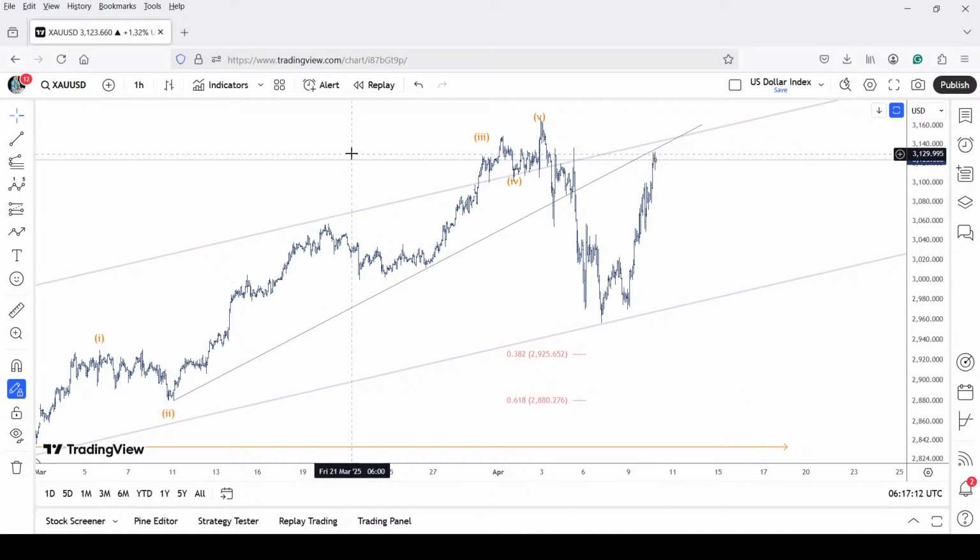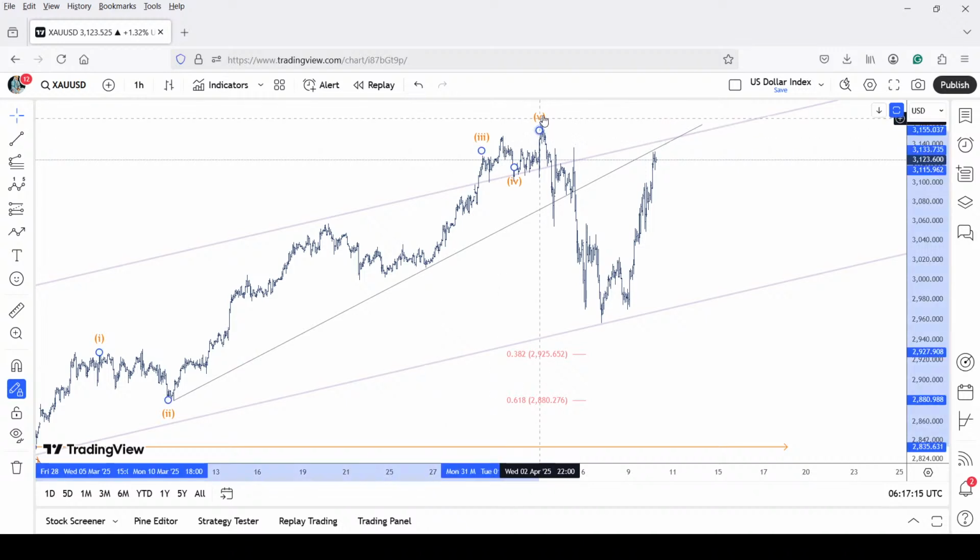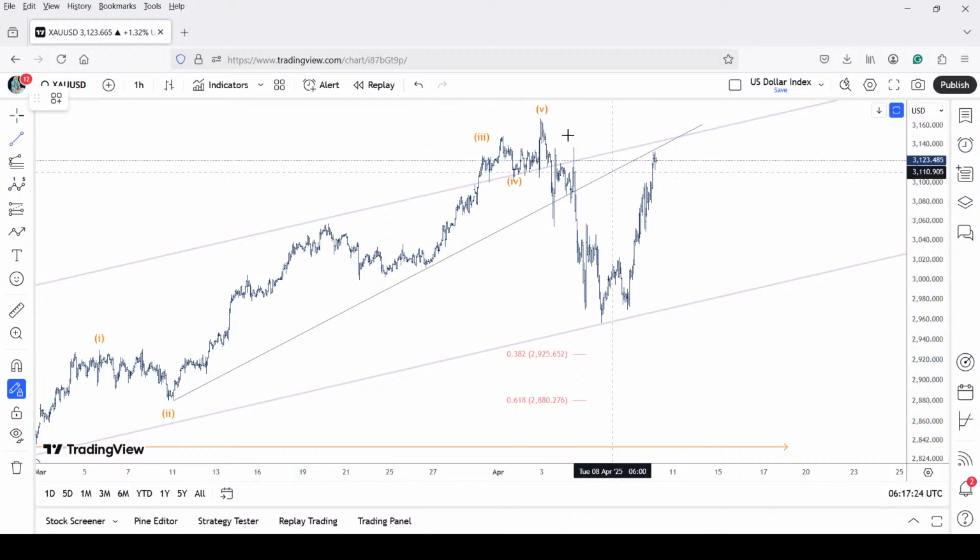What we would like to do, what we used to do conventionally, was draw a trend line, an anticipated trend line, which should ideally act as a resistance now.